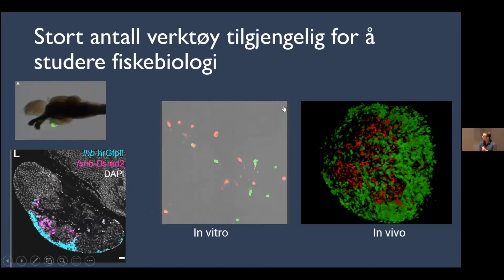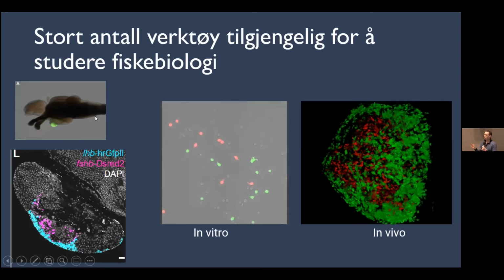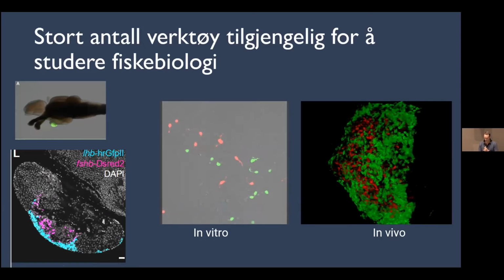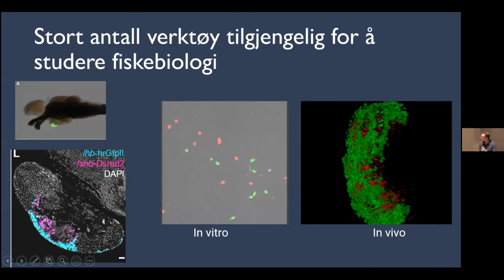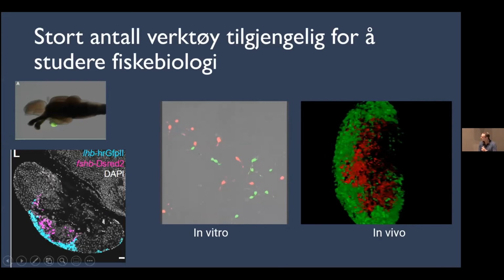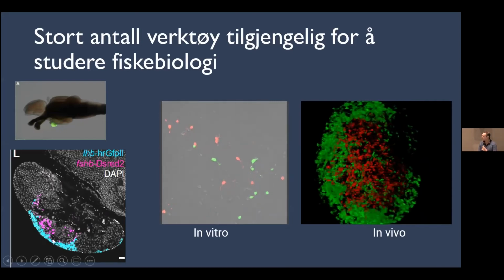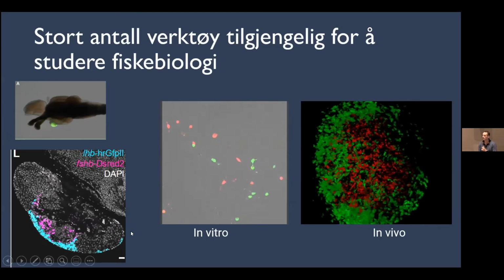This is one of the tools that we have developed in our laboratory, where we have developed transgenic lines where the two cell types that I was talking about before, that produce LH and FSH hormones, we have labeled them with a fluorescent protein, FSH cells in one color, LH cells in the other color.